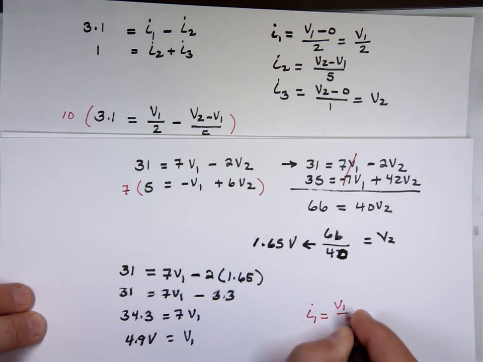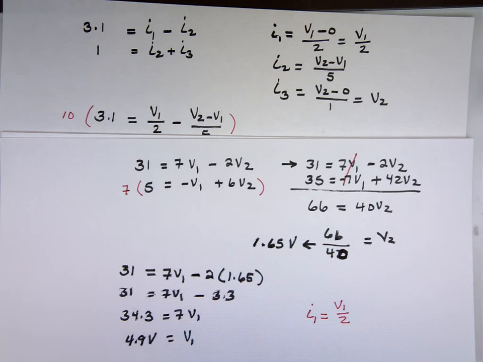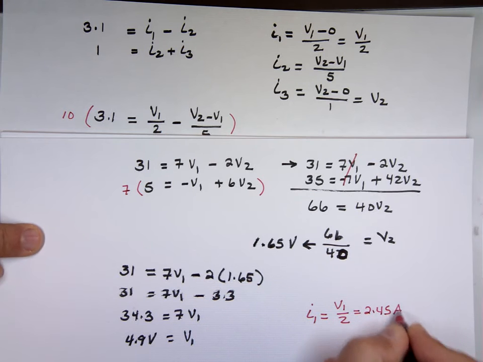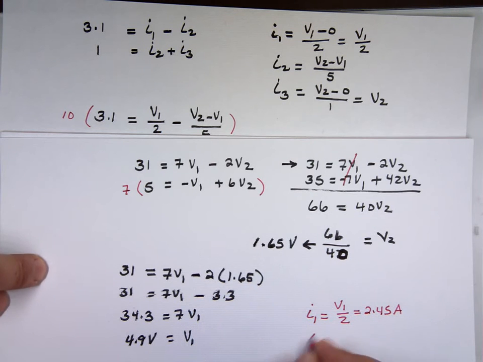We know V1, 4.9 divided by 2, 2.45. You want to find I sub 2? It's right here, V2 minus V1. What's V2? 1.65 minus 4.9 divided by 5.